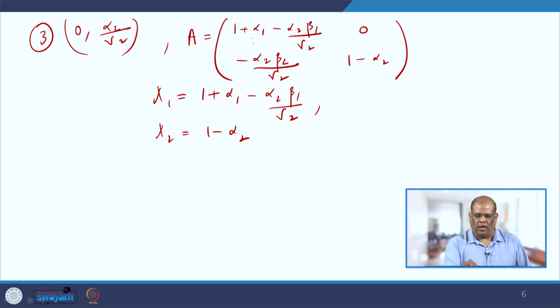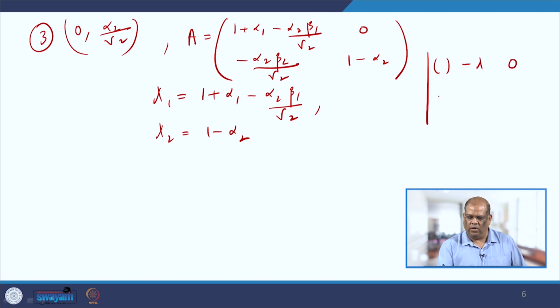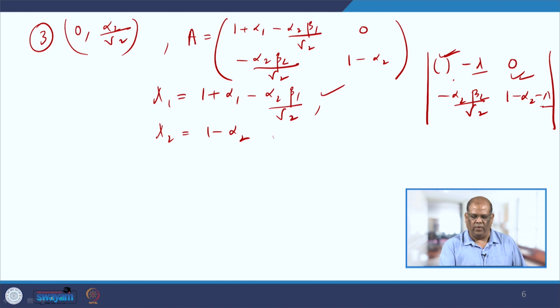If you are wondering how I am directly writing the eigenvalues, it is nothing but this quantity minus lambda, this is 0, this is minus alpha 2 beta 2 by gamma 2, this is 1 minus alpha 2 minus lambda. Since this is 0, lambda 2 is 1 minus alpha 2 and lambda 1 is whatever this quantity is. So, straight away I write these two values.